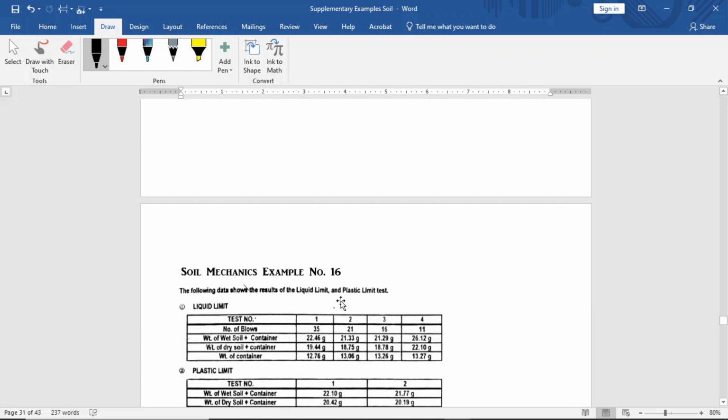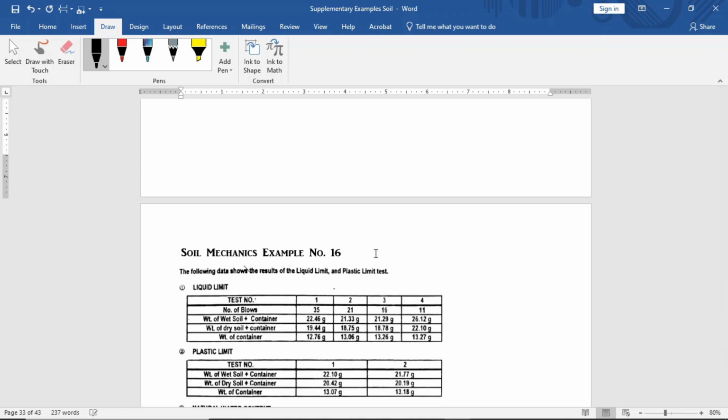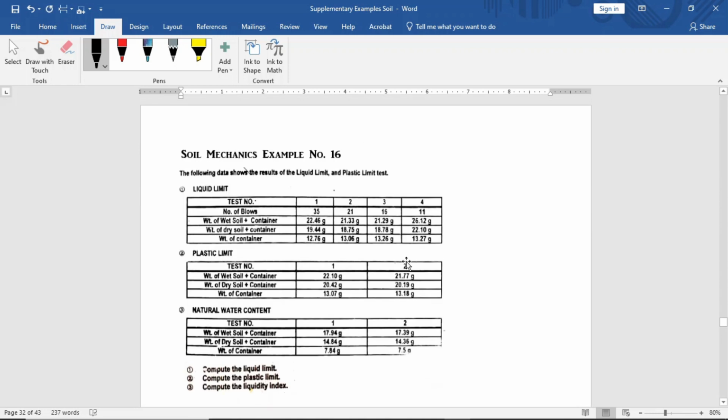So, next problem natin is... sa next problem natin, meron tayong the following data shows the results of the liquid limit and the plastic limit. So, based sa data, tabulated yung given natin. So, there are 4 tests para sa liquid limit. So, number of blows, 35, 25, 16, 11 respectively.